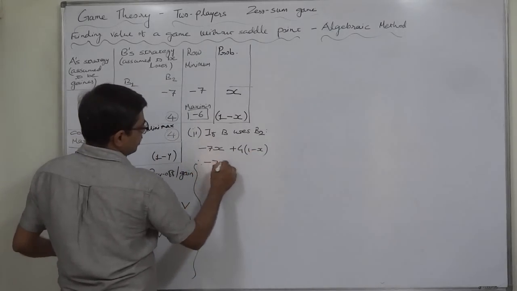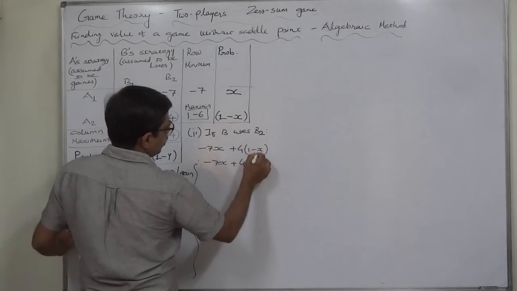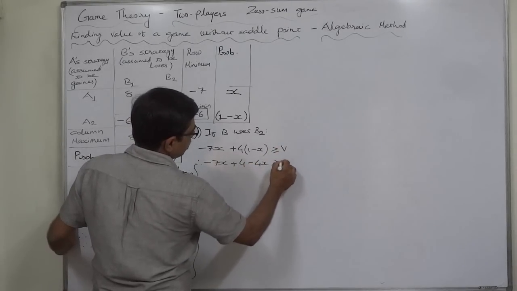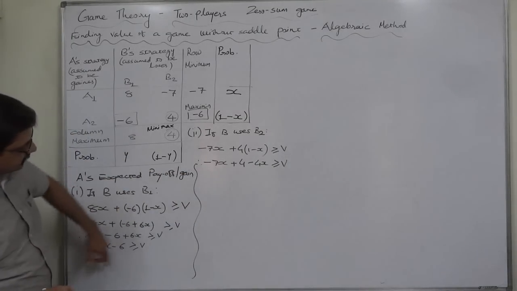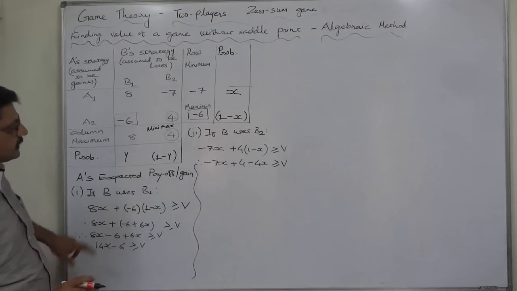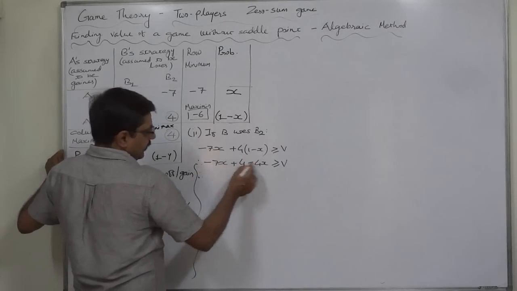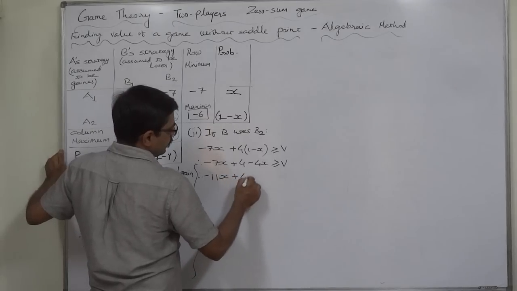That means minus 7x plus 4, and 4 into minus x is minus 4x, and that will be greater than or equal to the value of the game, because expected gain under both circumstances should be the same. Minus 7x minus 4x, that is minus 11x plus 4.